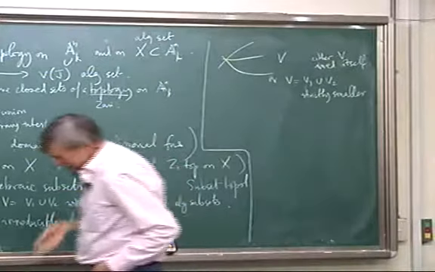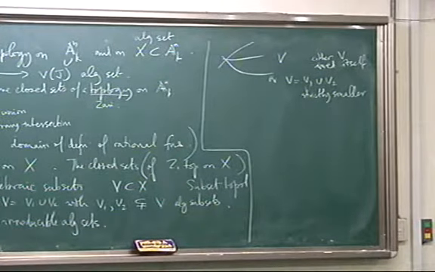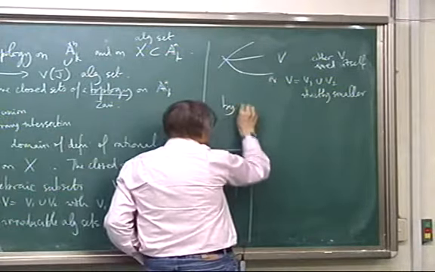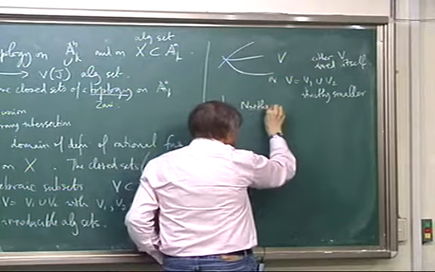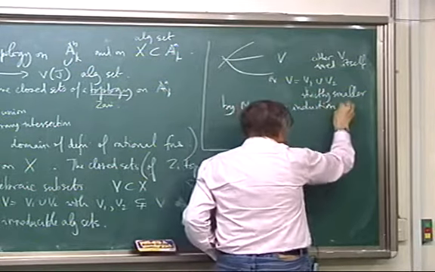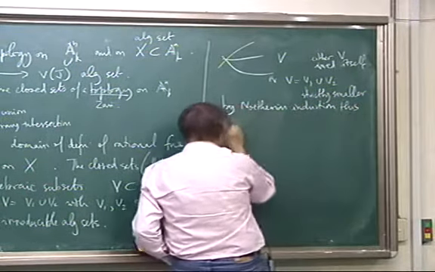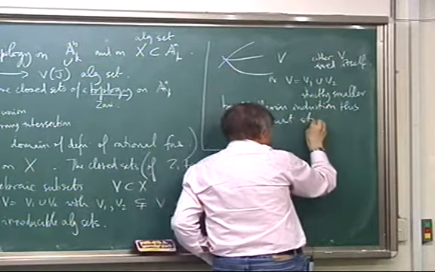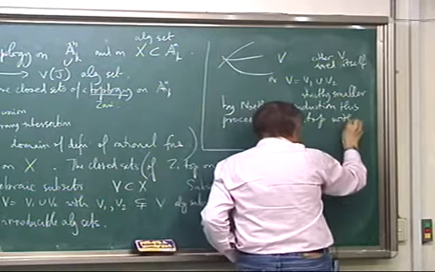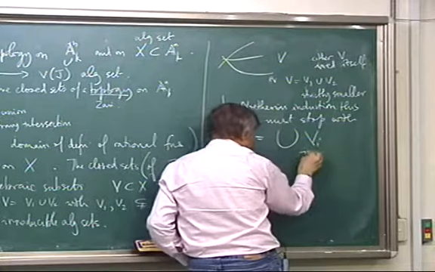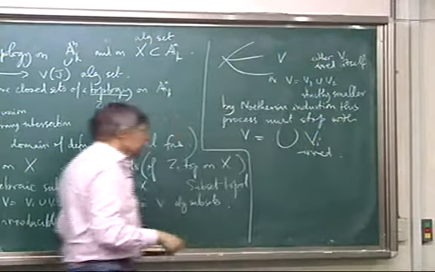And this process must stop. The set of algebraic sets has the Noetherian property, so by Noetherian induction this process must stop, with V equals the union of V_i, irreducible.